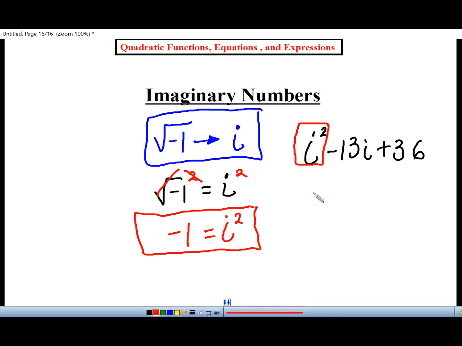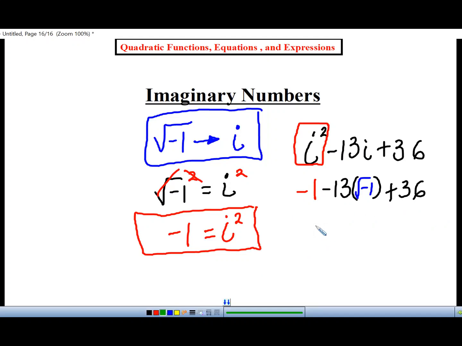So what would I substitute in there? That's true, -1. That means I bring down the -13. And instead of i, what would I substitute in there? Yeah, square root of -1. Bring down positive 36.